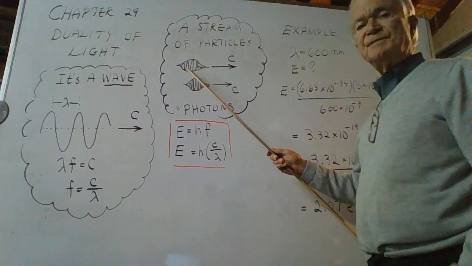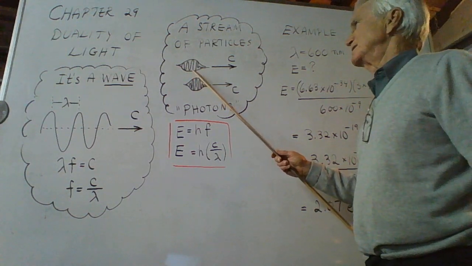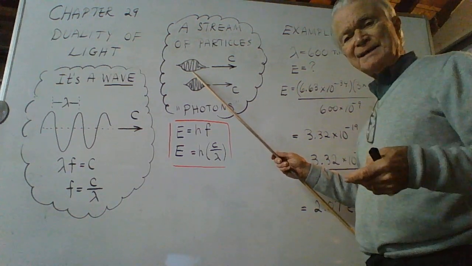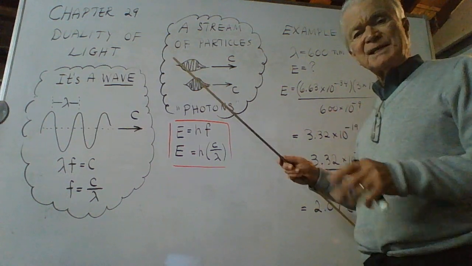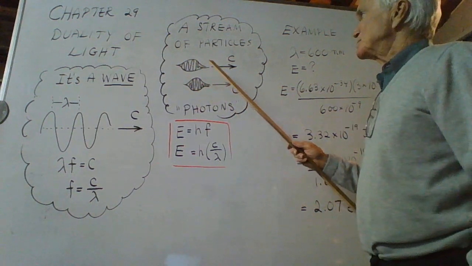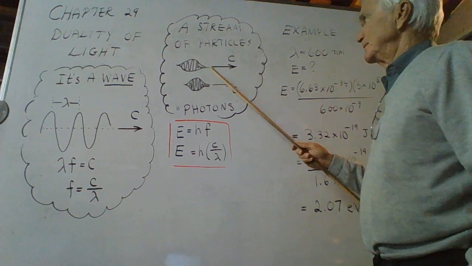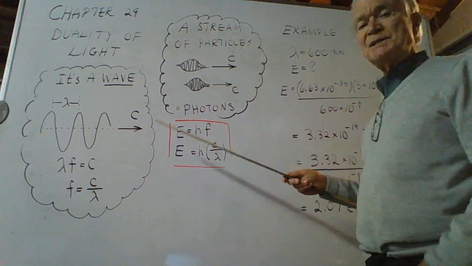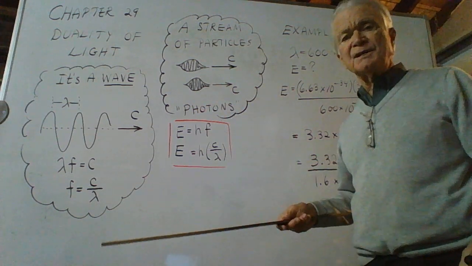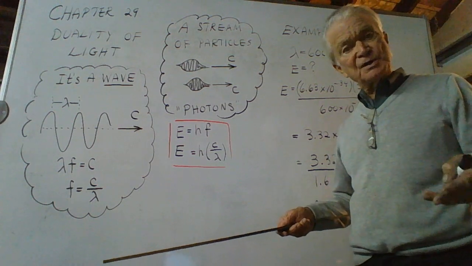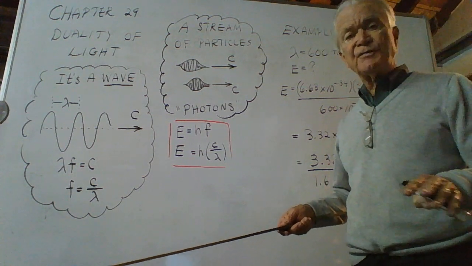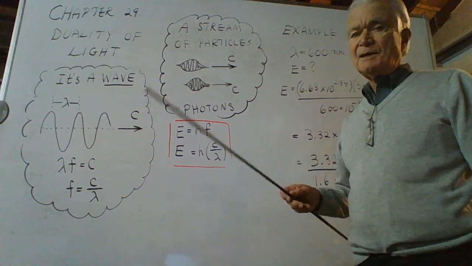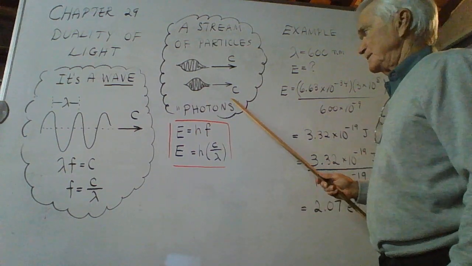This is a fanciful depiction of a bundle or a packet or a clump of electromagnetic energy traveling through space at the speed of light. And so we imagine a light beam consists of an uncountable number of these particles, which we'll from now on call photons, each traveling at the speed of light.